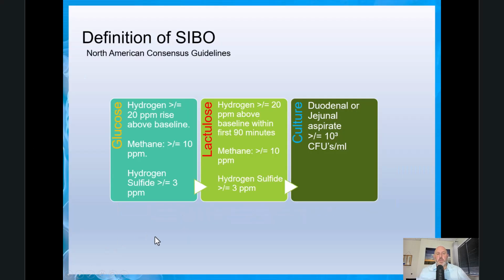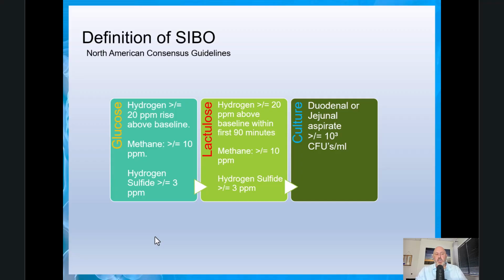Breath testing is the most common way that SIBO is both diagnosed and defined. And the North American Consensus Guidelines talks about the use of glucose or lactulose as a medium for a breath test that's designated to diagnose SIBO. And based on certain gas patterns and gas rises, there will be a criteria met or not met for SIBO.